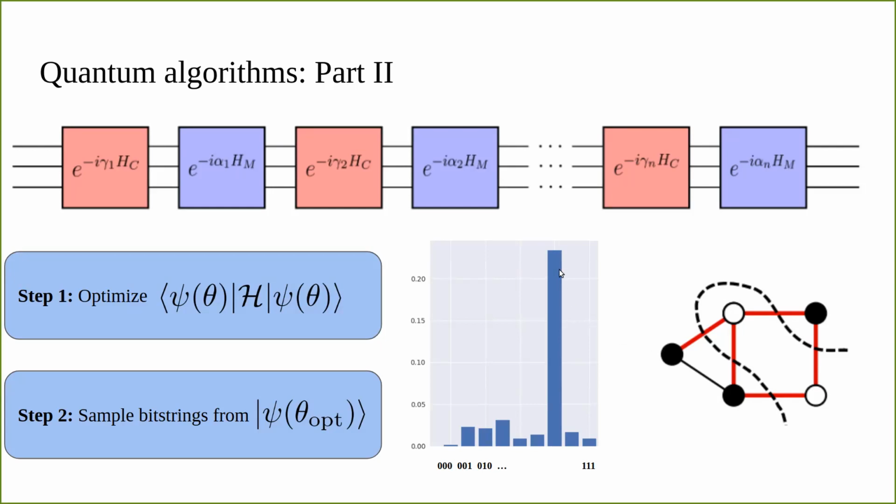So as a final output, if this was the most common bit string, say, 101, then that would be a 3-node graph, and it would tell you to put the outer two, the first and the third nodes in one class and the middle node in the other class. And that's the final answer, how you get an answer out of this quantum algorithm.